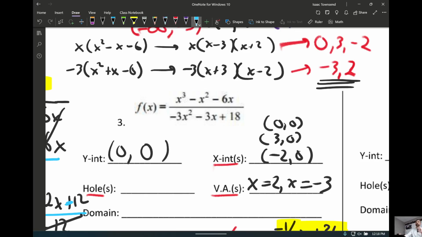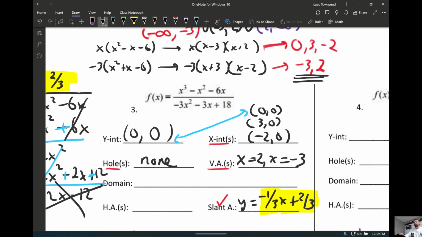Which one of the x-intercepts should make us feel good about our work so far? Right, because the origin is not just an x-intercept, it's also a y-intercept. So it's good to see that consistency there. And if there was any number that made the numerator and denominator 0, we would get a hole. Now notice this is 3 questions in a row that doesn't have a hole. This is why you have to practice a handful of these, because you've got to do a bunch just to get to practice holes a couple times.